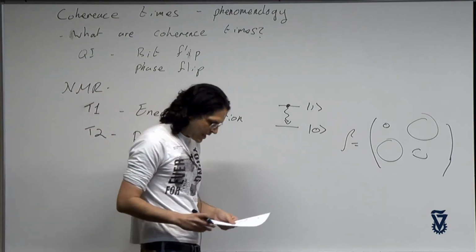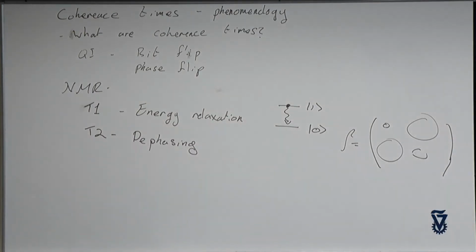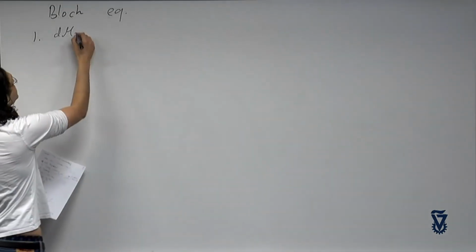But in a phenomenological way, you can just describe them by what are called the Bloch equations. So before even discussing where they originate from, you can simply write the Bloch equations and, under certain assumptions, use those to look at the dynamics. And the Bloch equations read the following way. M here is the magnetization.